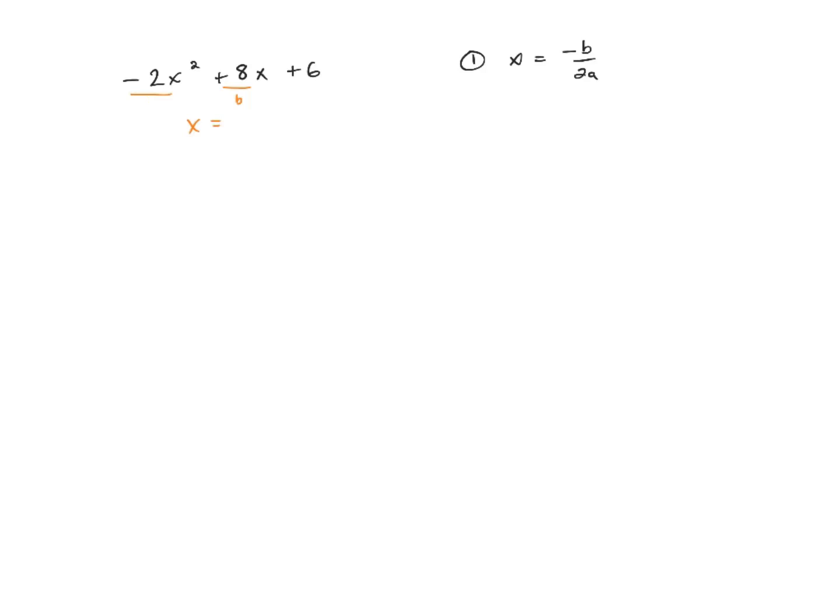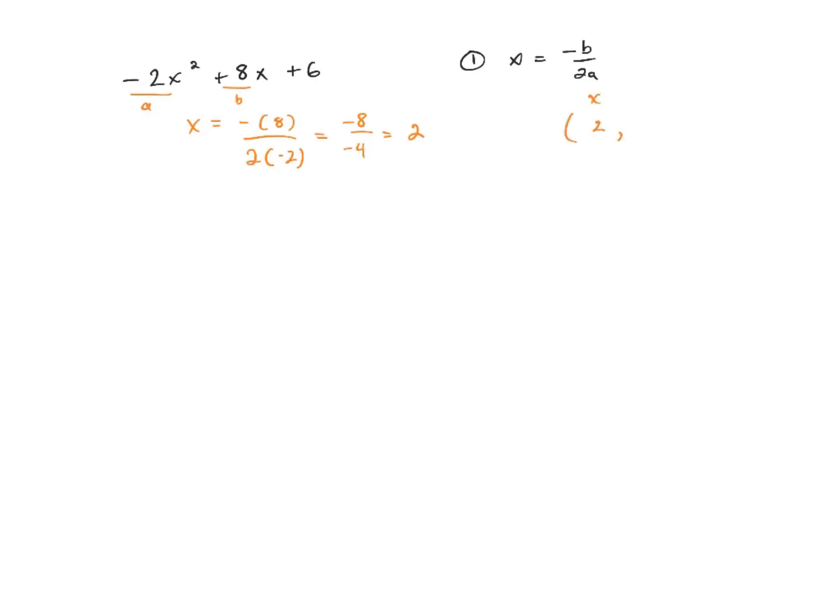Our a is a negative 2, so I have a negative 8. I like to put my parentheses to organize my substitutions. 2 times the negative 2. I end up with a negative 8 over negative 4, or 4 for my x. Or 2, I'm sorry. 2 for my x. So that gives me the x coordinate for my vertex of 2.